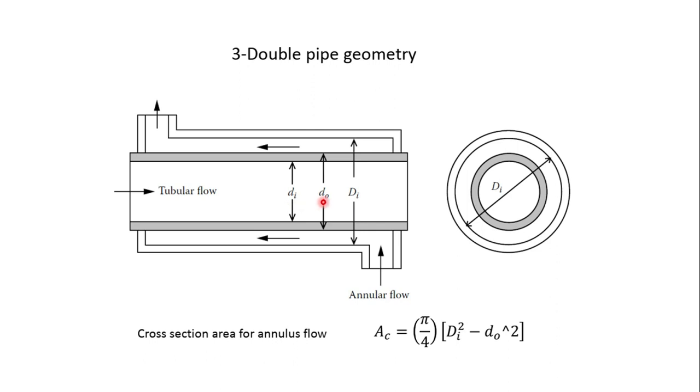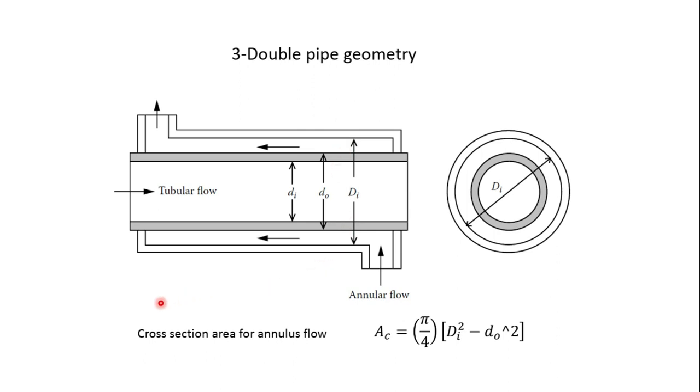D naught stands for the outer diameter of the smaller pipe, from this point to this point. And capital D is used for the bigger size pipe, the outer pipe, the pipe which has the bigger diameter, and capital D i stands for the inner diameter of the bigger pipe.